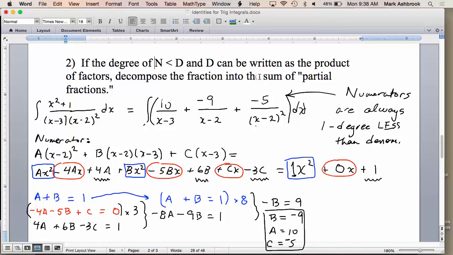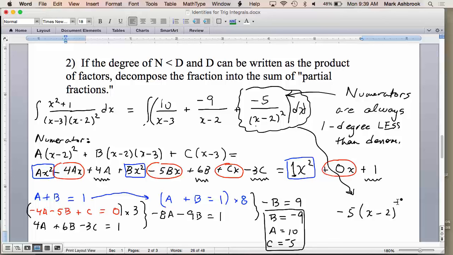So it's a little undoing the chain problem. Let's just do that. The negative 5 just comes along for the ride. And what do we got? We got x minus 2 to the negative 1. It's just power rule, right?